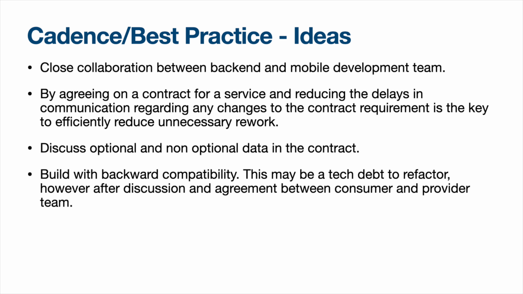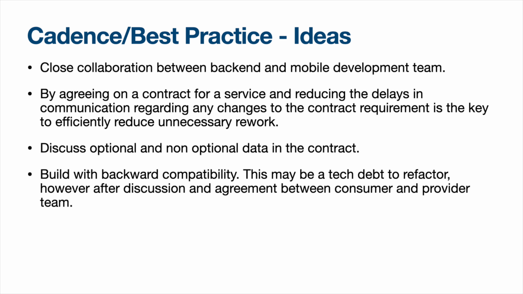Let's say two teams agreed on a contract, but the team that is providing figured out that there is a potential another consumer which needs additional data, or due to some reason, let's say one parameter that they agreed on is not available.